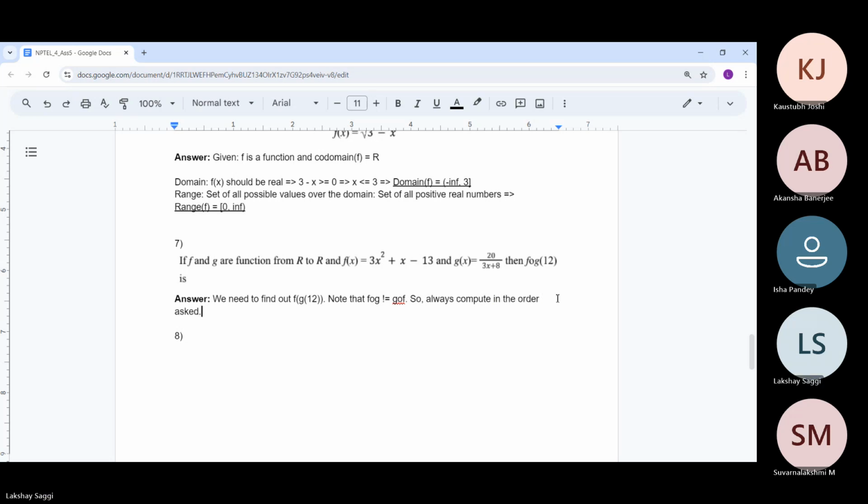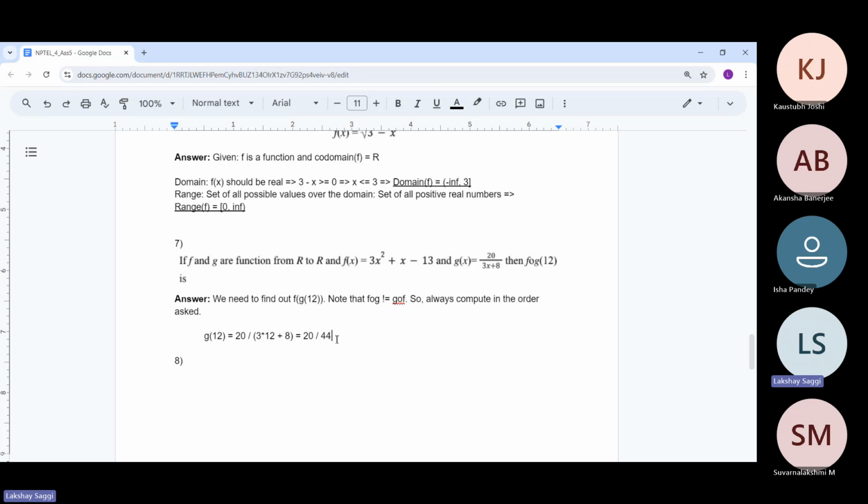Always compute in the order asked. Okay, so let's find out g of 12 first. We first find g of 12, and then put it into f. g of x is 20 upon 3x plus 8, so g of 12 will be 20 divided by 3 times 12 plus 8. 3 times 12 is 36, 36 plus 8 is 44.